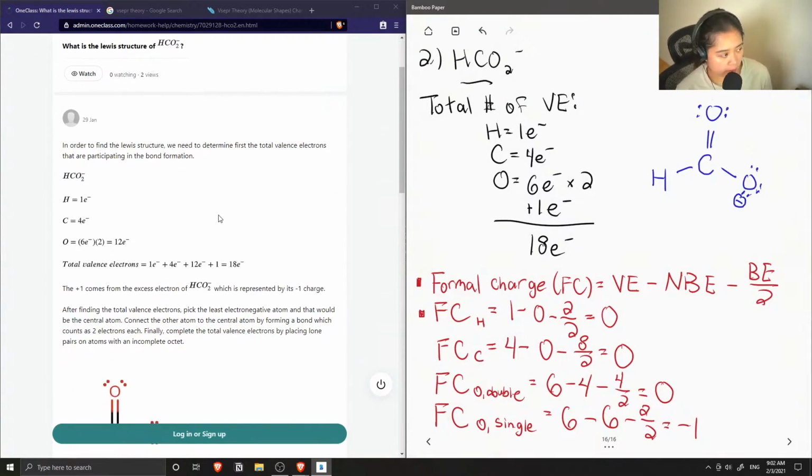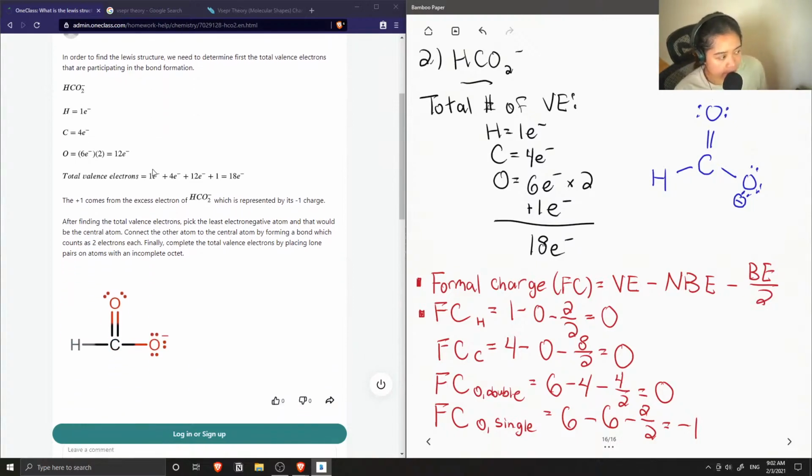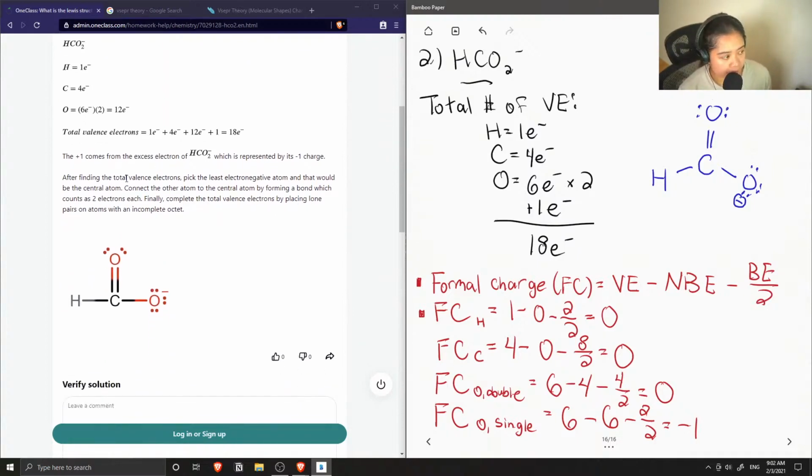And the junior tutor said that in order to find the Lewis structure, we need to first determine the total valence electrons that are participating in the bond formation. So they have 18. The excess electron is represented by the -1 charge. After finding the total valence electrons, pick the least electronegative atom, and that would be the central atom.